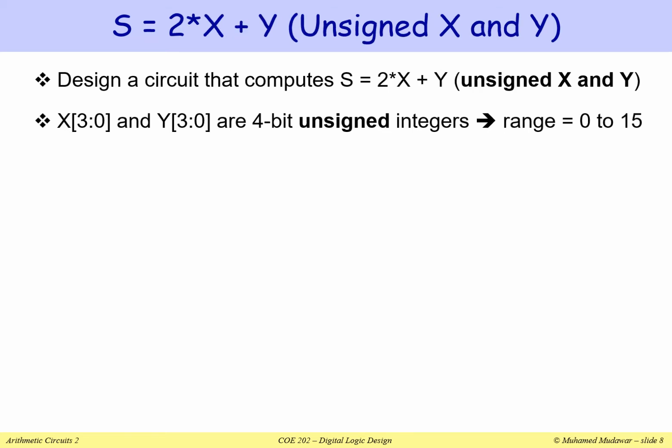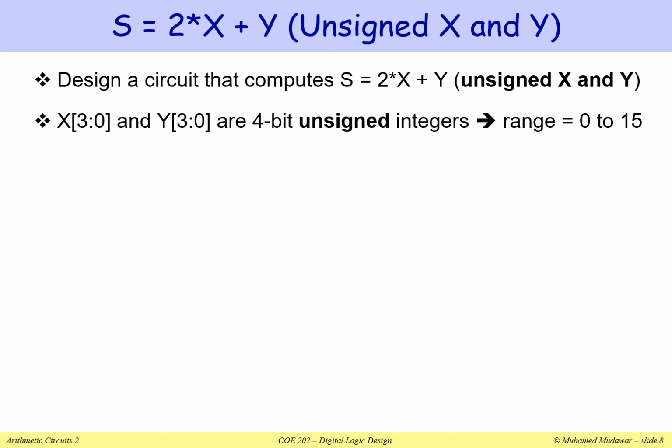Next, let us design a circuit that calculates 2 times X plus Y. So how do we calculate 2 times X? X and Y here are unsigned integers. We can calculate 2 times X with shifting.